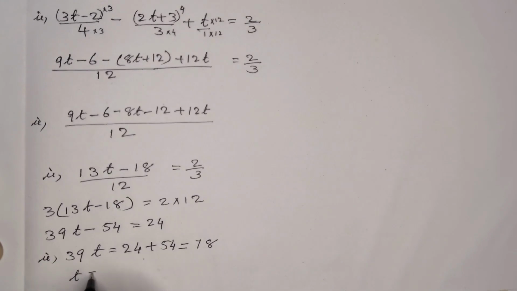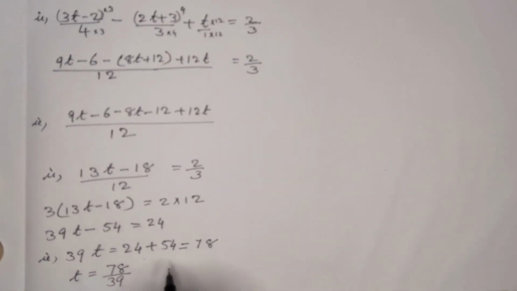Then t is equal to 78 divided by 39, which is equal to 2. So t is equal to 2.